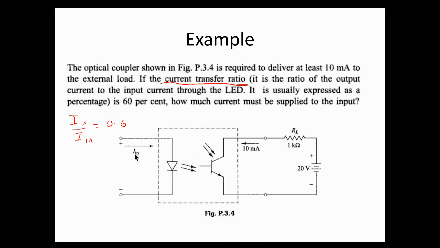So you basically need to rearrange: your input is just equal to your output over 0.6, and when you do that substitution, it's 16.67 milliamperes. So this is normally a specification on your opto-isolator, the current transfer ratio, just the ratio of the output current to the input current.